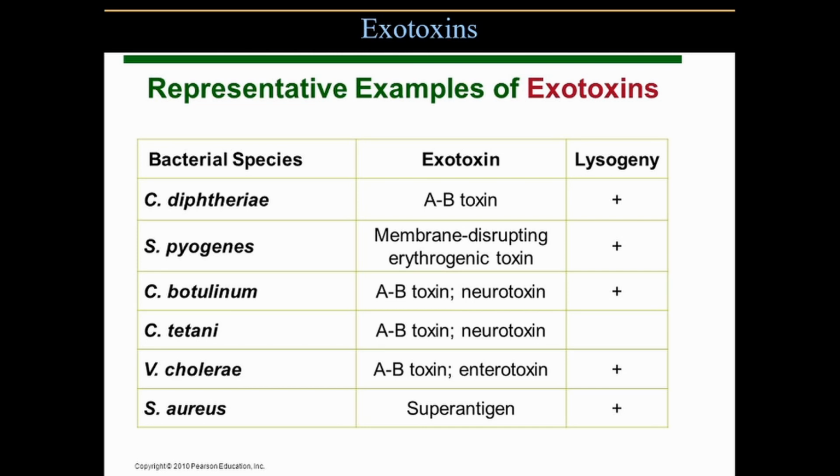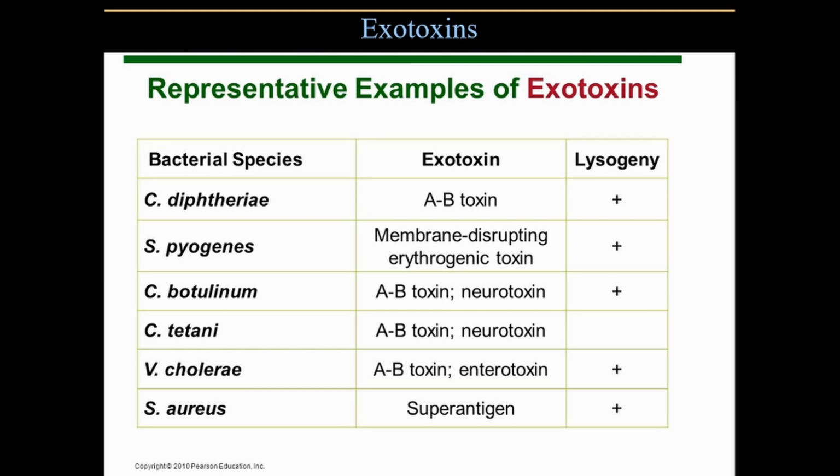So, some representative examples of exotoxins. We have a number of bacterial species there on the left, and you can see the bacterium that causes diphtheria is an AB toxin. We have pyogenes, which causes strep throat, a membrane disrupting erythrogenic toxin.